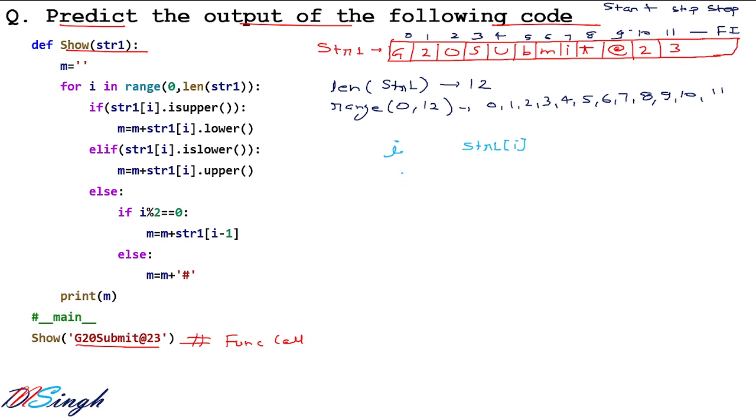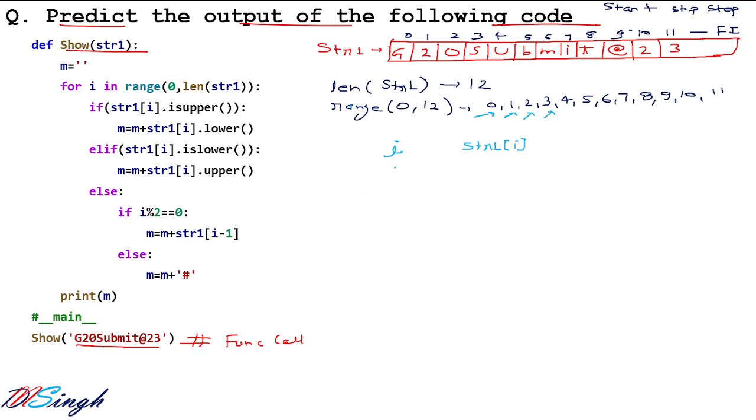So let me see, there you have the iteration. What we are doing is traversing this sequence through indexes. So indexes will be generated by the range function. So I will pick values one by one from the numbers generated by the range function.